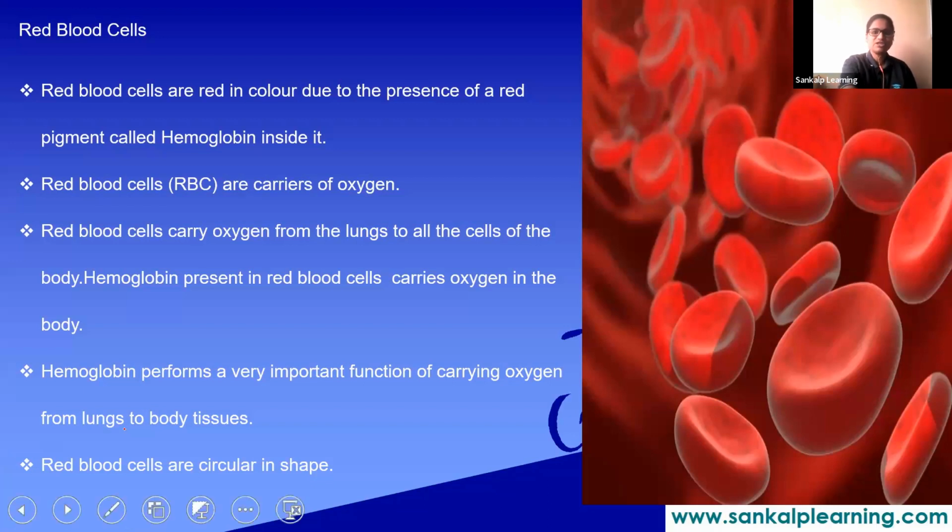So you can ask me, what is there in the hemoglobin to give red color to the blood? Hemoglobin is made up of iron. Children, hemoglobin is made up of iron, along with the protein named globulin.